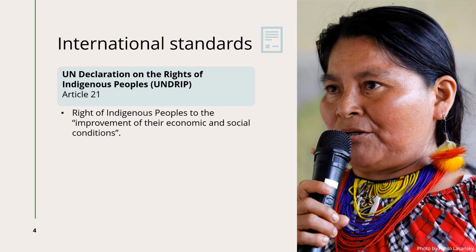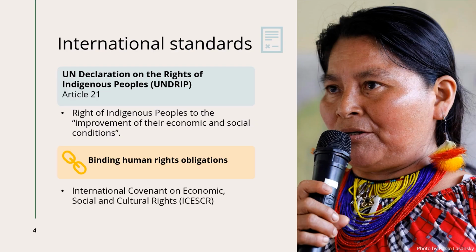These rights are enshrined in a range of binding human rights treaties, for example, in the International Covenant on Economic, Social and Cultural Rights, or ICESCR. They are further interpreted by its treaty body, the Committee on Economic, Social and Cultural Rights, or CESCR. Many of this committee's interpretations will be introduced in the description of the categories below.